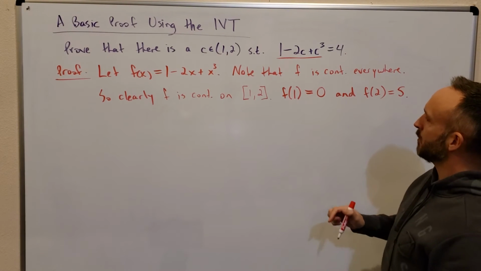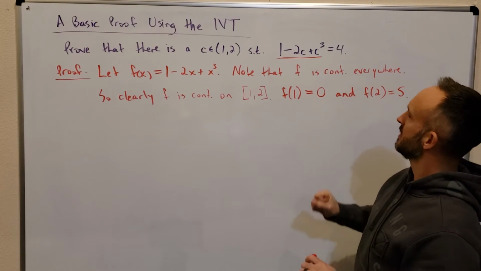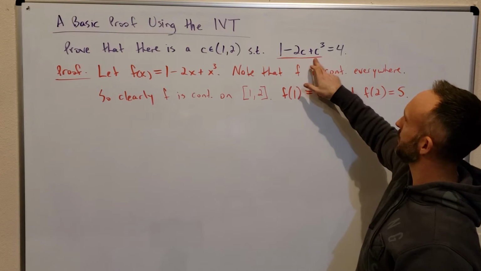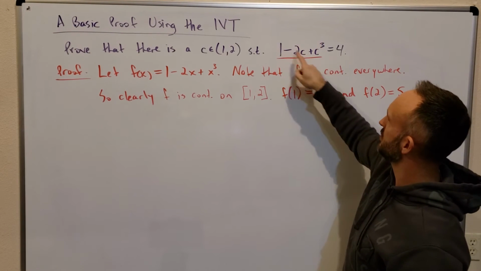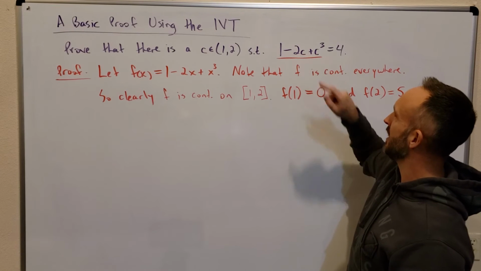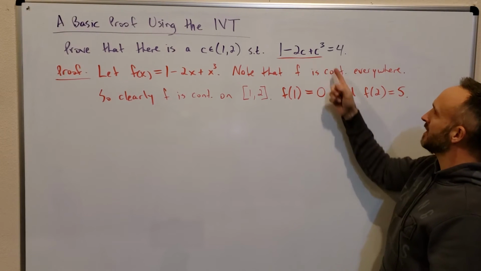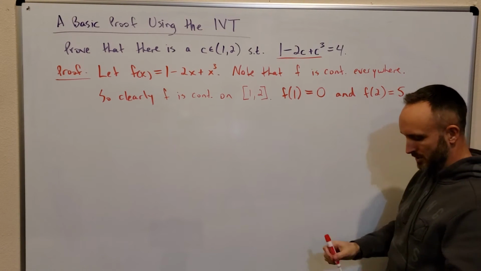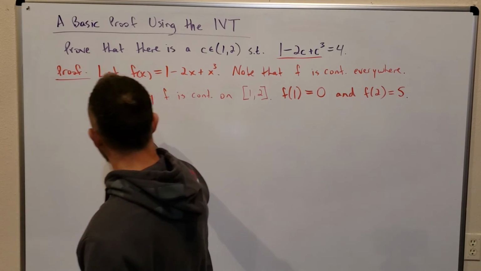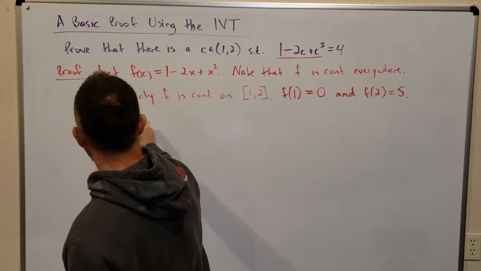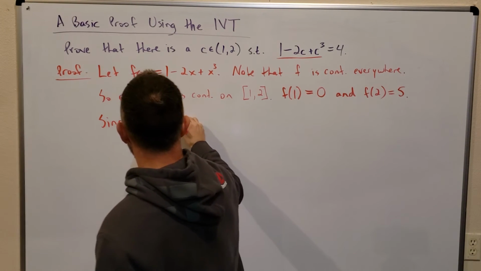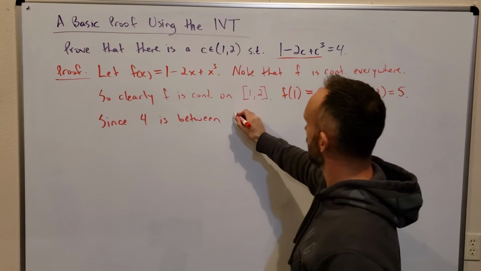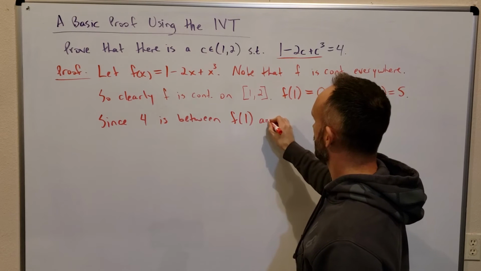Now what we want is for the function to output 4. That's what this is saying up here. We want the output of the function to equal 4 for some c value. Well, because 4 is between these two y values, since 4 is between f of 1 and f of 2, right?